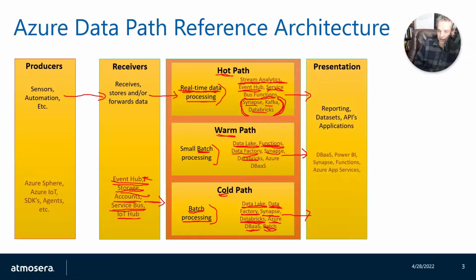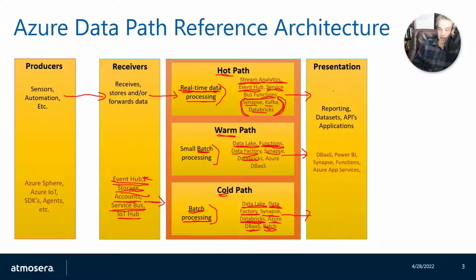Now, ultimately, this all gets put out in some kind of presentation, and this is the consumption of the data. So if it's hot path, the consumption could be cold path storage. So in other words, I need the data to be processed quickly, but stored so that an API is going to have the latest and greatest data that is up to date in real time.